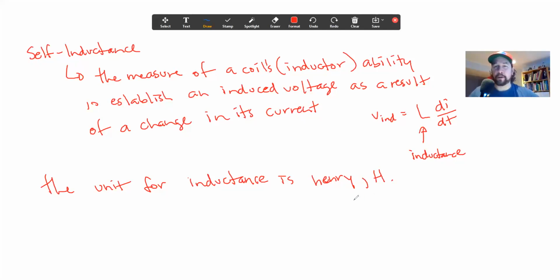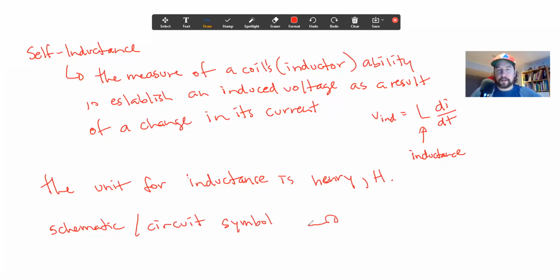I usually don't have kilohenries, but millihenries, henries, and microhenries occasionally are the typical ranges for inductances. And the schematic or circuit symbol, I've already kind of drawn it.